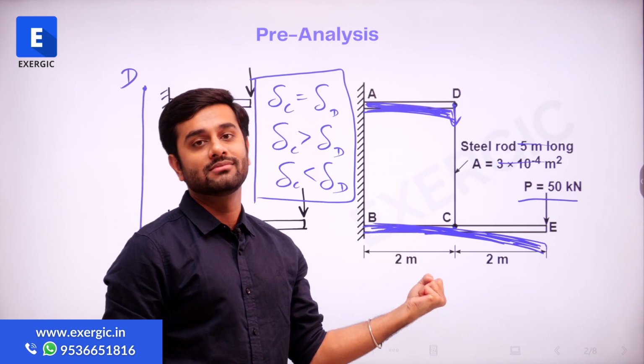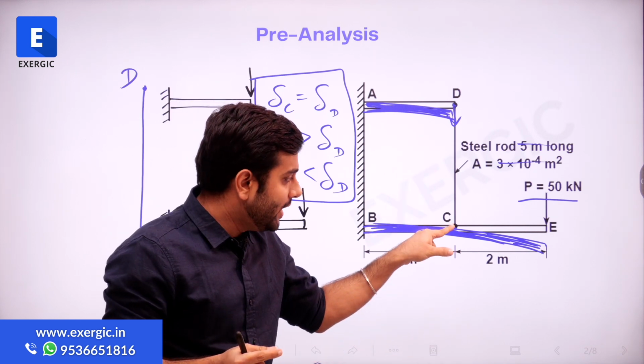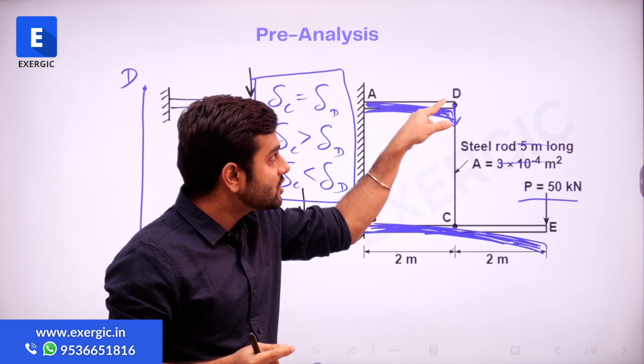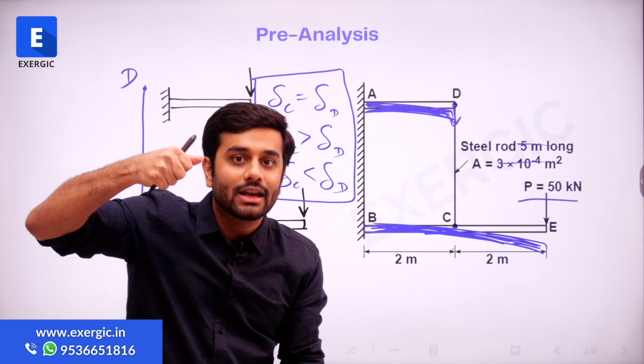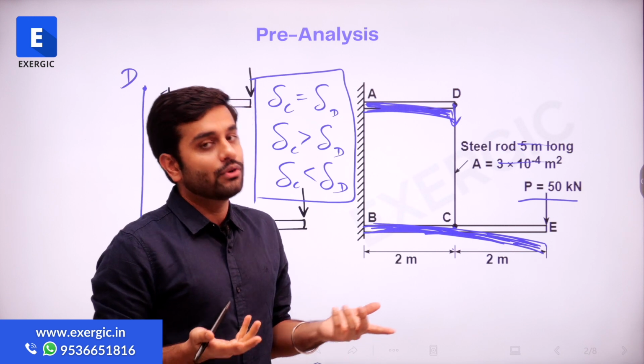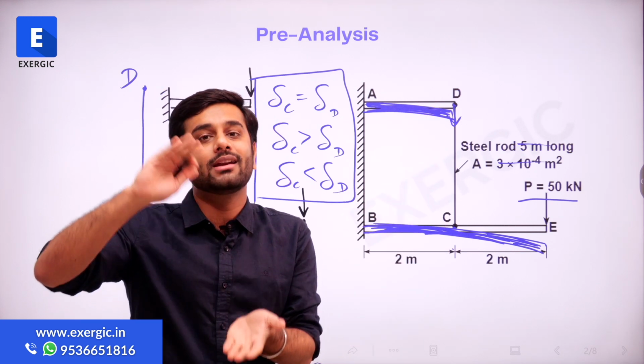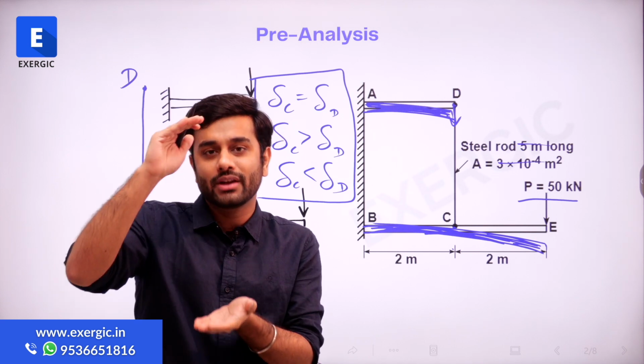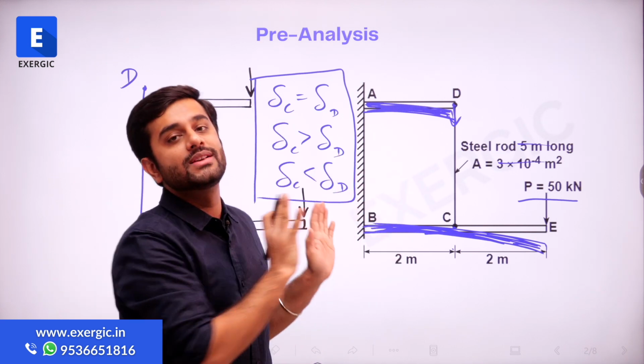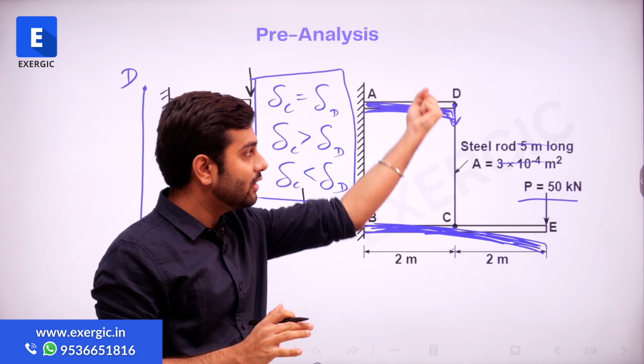It will get tensed. So the point C should move more with respect to point D, only then it will get tensed. Otherwise, it will not get tensed. If C is moving less, D is moving more, it is slacking it. It is not having a tensile effect, it is having a compressive effect, which is not feasible here because it is moving down, it will be tensed.